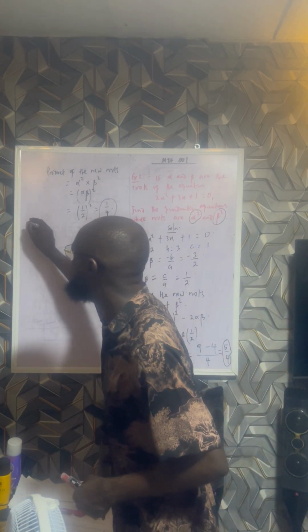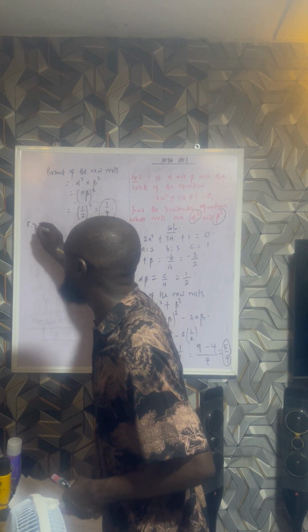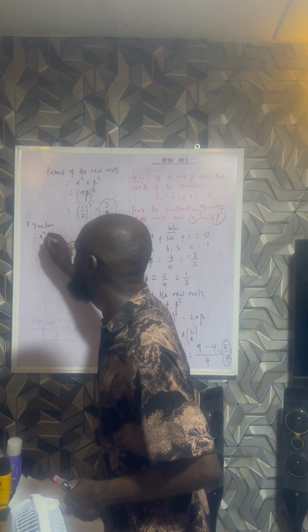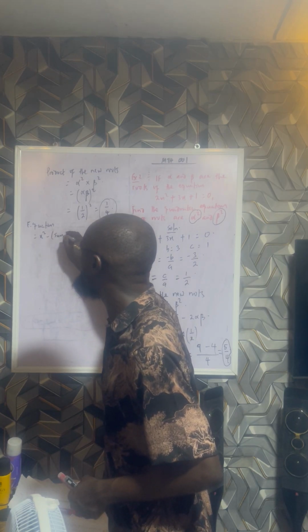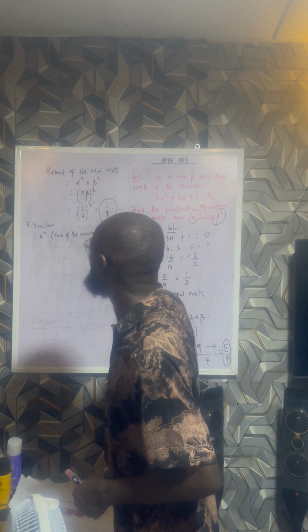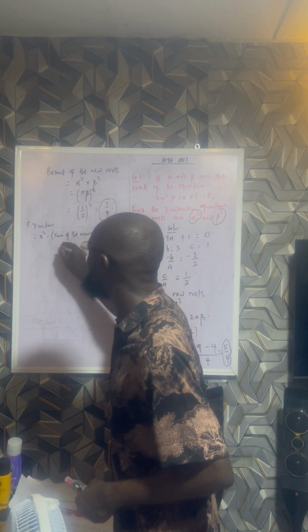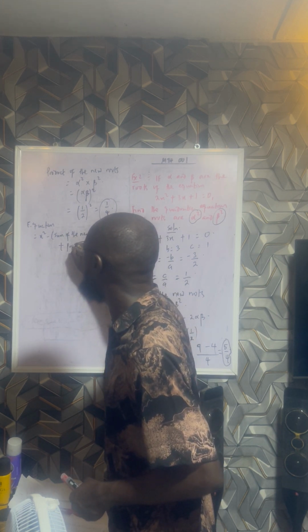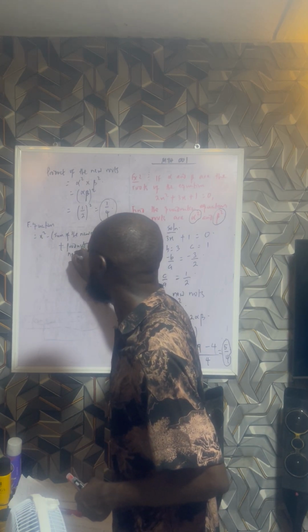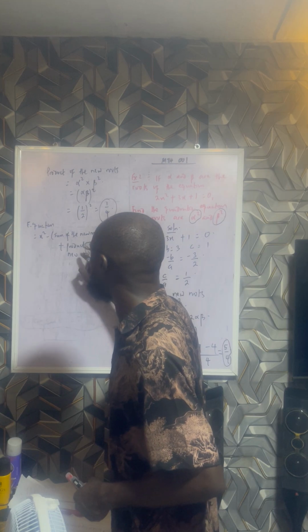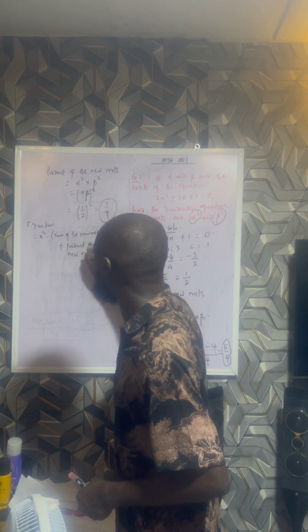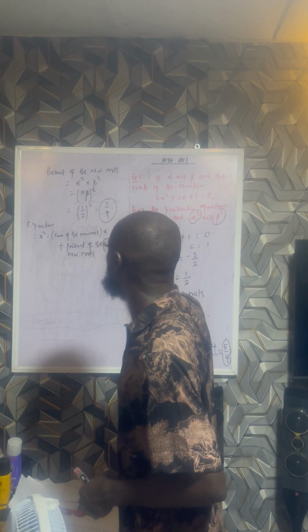So our equation will be x squared minus sum of the new roots into x plus product of the new roots is equal to 0.